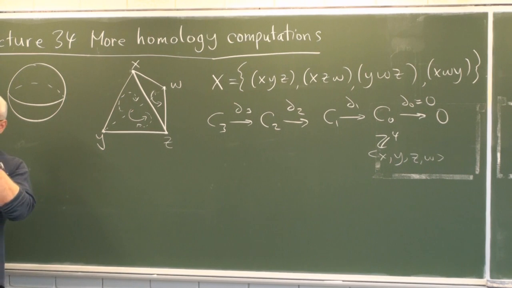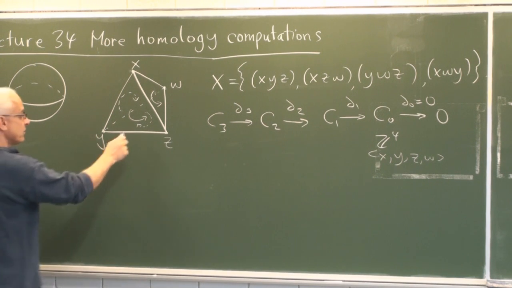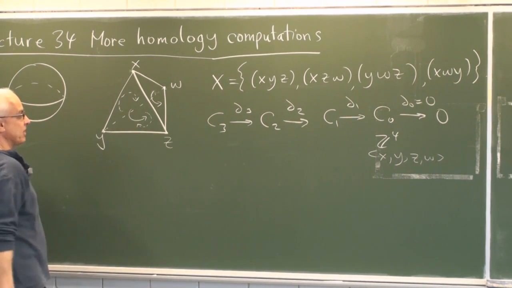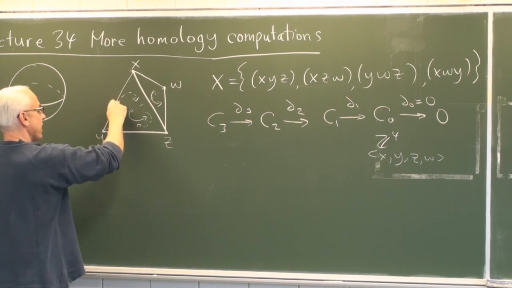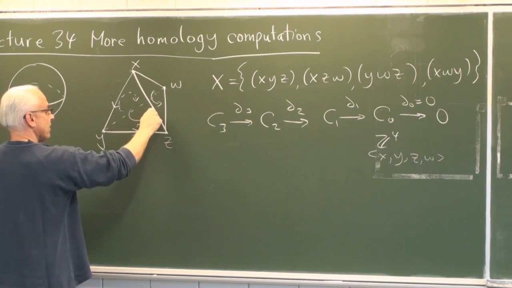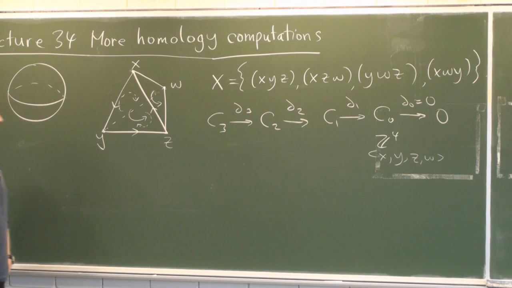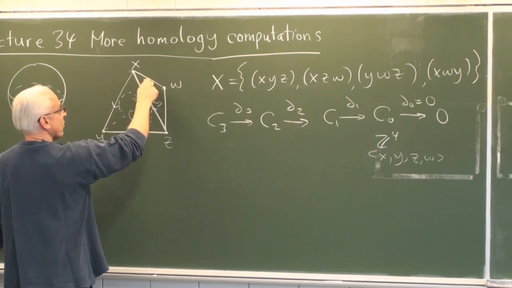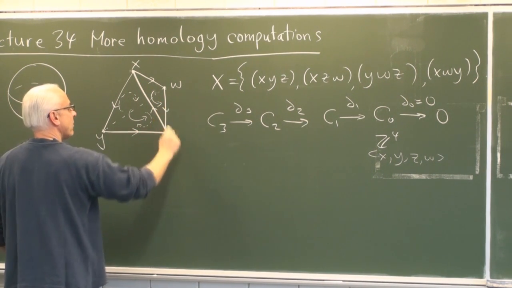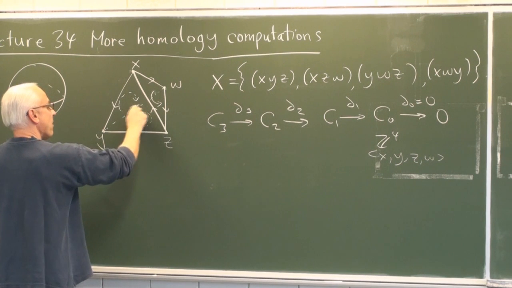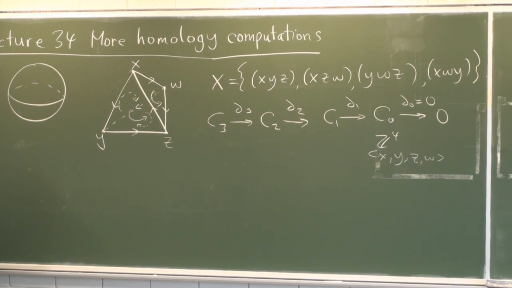And the 1-dimensional chains are the edges. And let's give them orientations. Maybe say xy, yz, zx, like that. Actually, it's a little bit arbitrary. Doesn't matter how we orient things. So let's choose orientations.